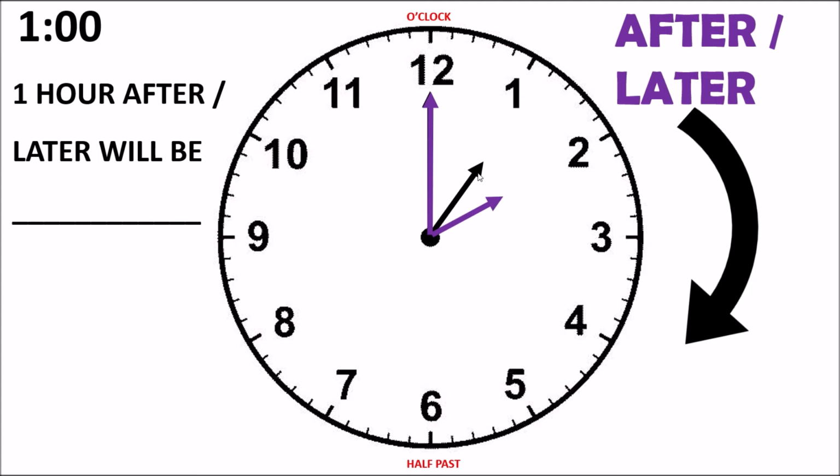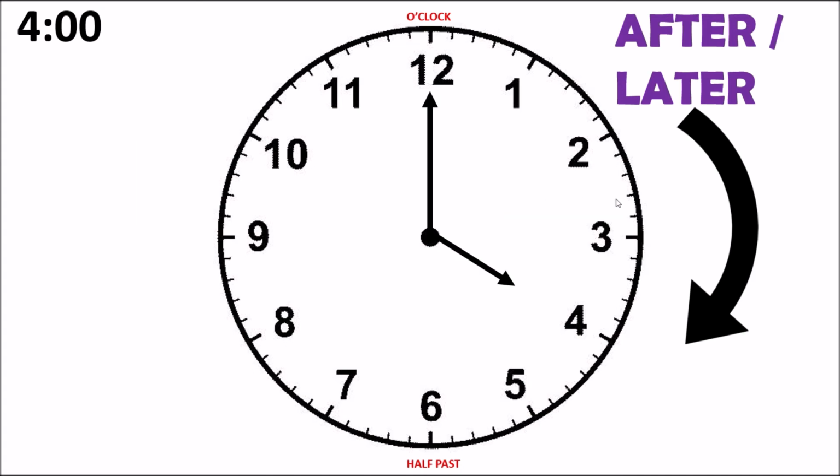The hour hand has moved to the 2, and the minute hand has gone all the way around the clock for 60 minutes, and it's back at o'clock. So now 1 hour after 1 o'clock will be 2 o'clock.